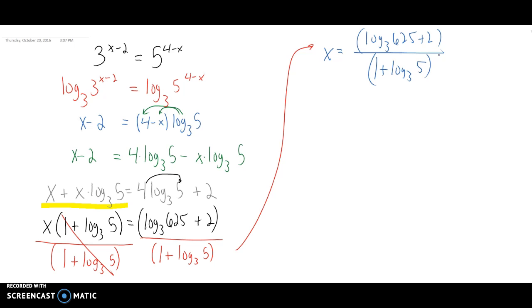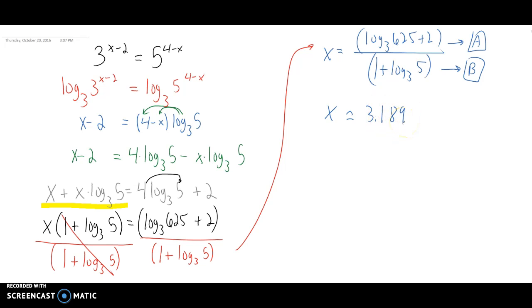And that's about 2.46. I'll store that as another letter in my calculator as B. So I stored this as A. I stored this as B. And I could do it all in one step, but I think it's simpler to store it this way. So now when I go to my calculator, I can just do A divided by B. And I get about 3.189.